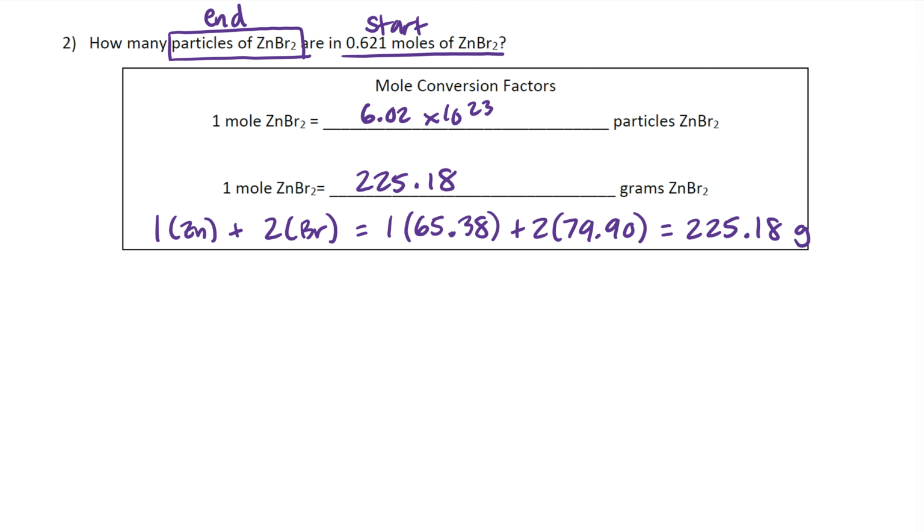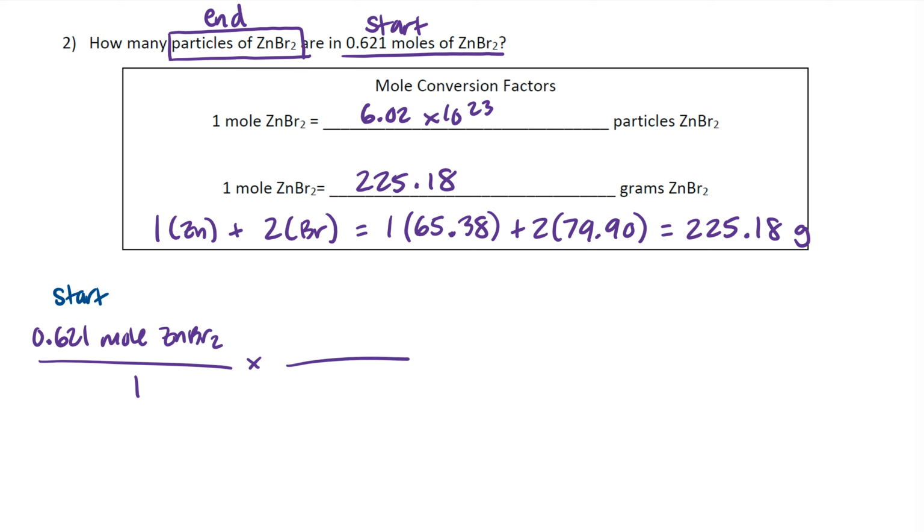Now for our work. You're going to take your start, 0.621 moles of zinc bromide, and we're going to put that over 1. You're going to multiply that by a conversion factor.